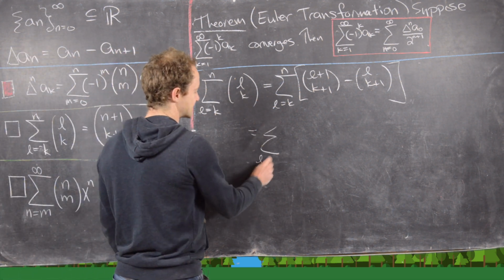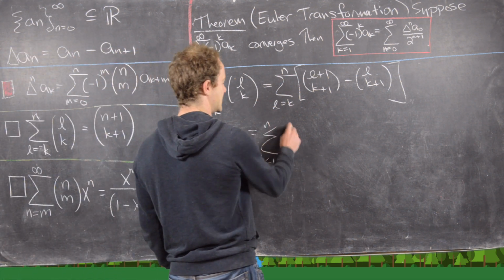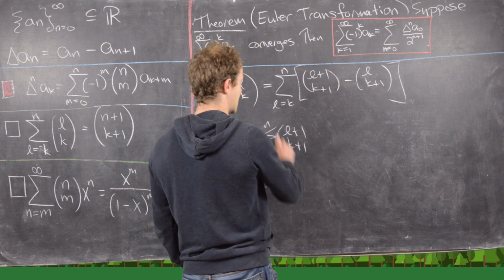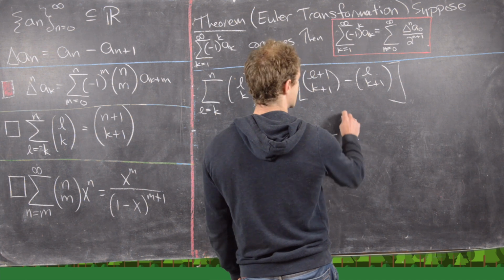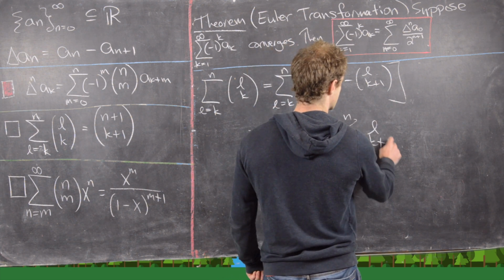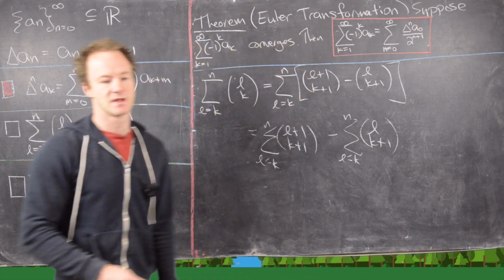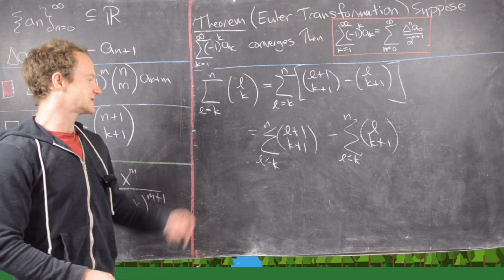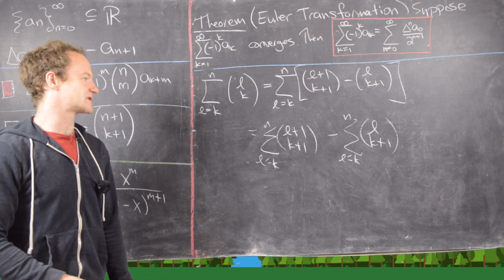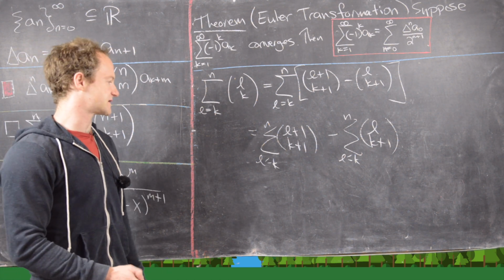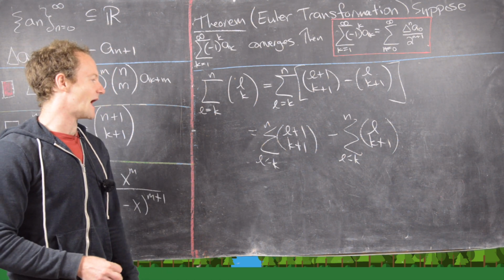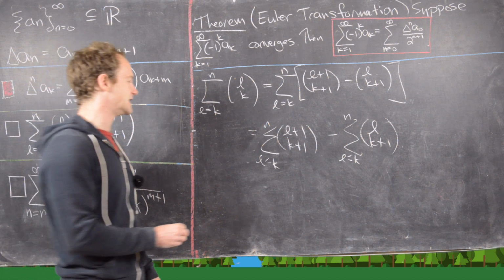So this is going to give me the sum L equals k to n of L plus 1 choose k plus 1, minus the sum L equals k to n of L choose k plus 1, like that. Now, the next thing that I want to do is re-index the first sum. So I will re-index the first sum by sending L to L minus 1.